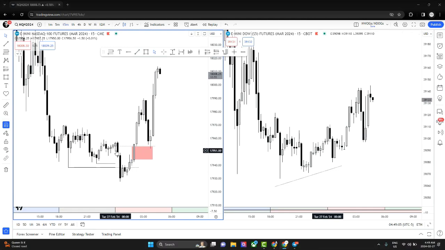This turns into a high probability breaker afterwards. So price broke below, broke above, and once price fell into this fair value gap below the true open, that's when you would buy.